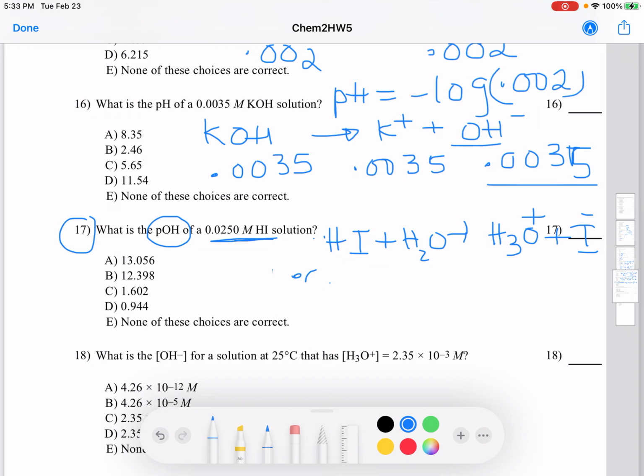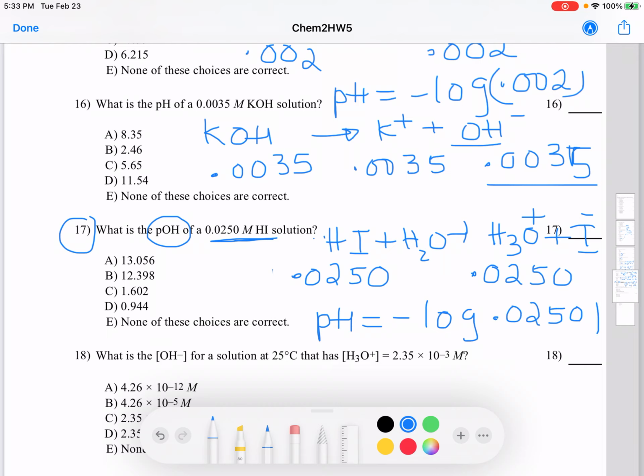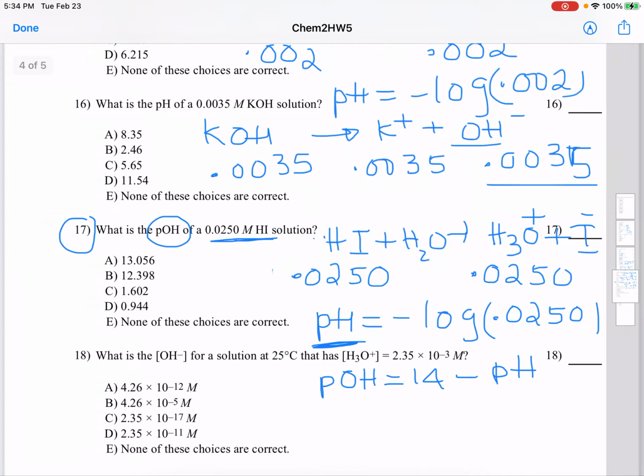This is a strong acid, so 0.0250, and then the hydronium ion also 0.0250. So we can find out the pH from here. pH equals negative log of 0.0250. So you get this number. What you want is the pOH. Once you find out the pH, pOH would be 14 minus the pH value. That will give you the pOH. Okay, easy. You can work on that.